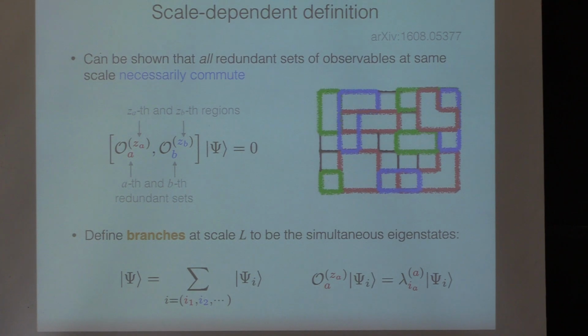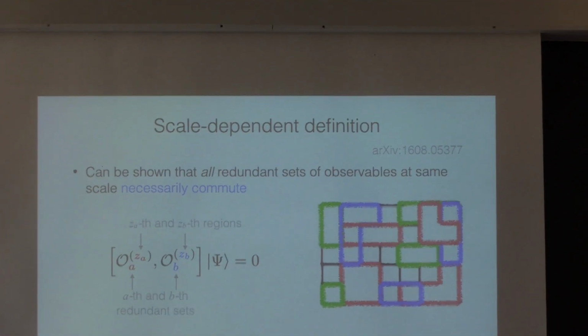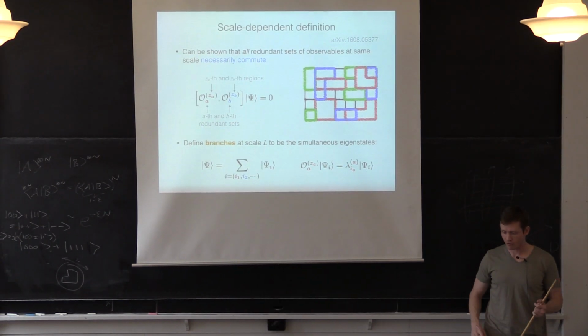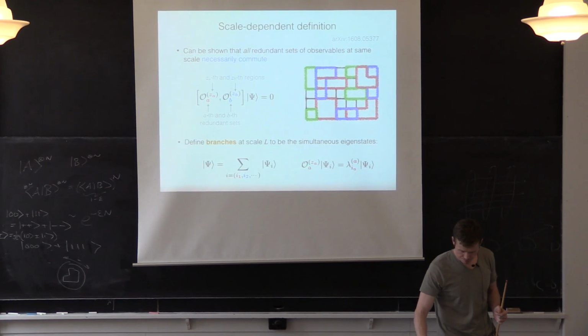When you create many copies of something, at the very least, you can't get rid of this until you have time for information to propagate to the other side of the lattice, or from one copy all the way to the other one. So they are at least robust on those sorts of shorter time scales.